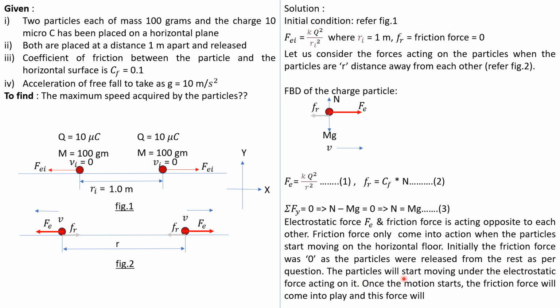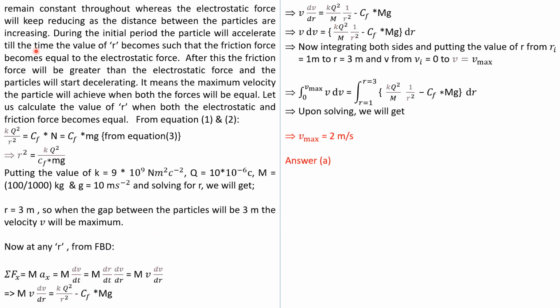The particles will start moving under the electrostatic force acting on them. Once the motion starts, the friction force will come into play, and this force will remain constant throughout, whereas the electrostatic force will keep reducing as the distance between the particles increases.